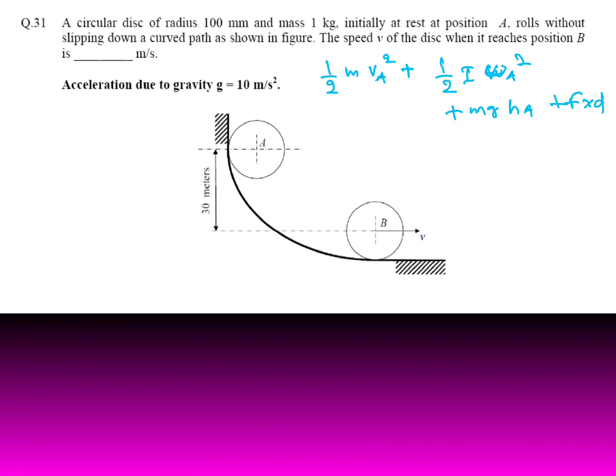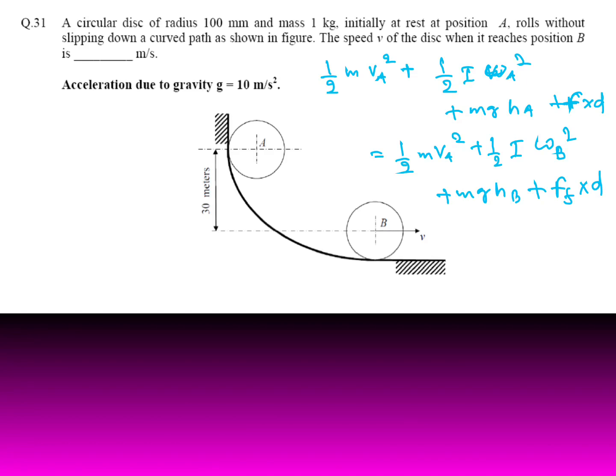It is equal to translational kinetic energy at point B, plus rotational kinetic energy half I omega B squared, plus m g hB. hB is 0. Frictional force into distance moved is also 0, frictional force is 0.